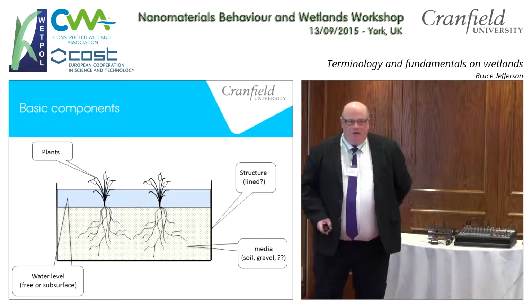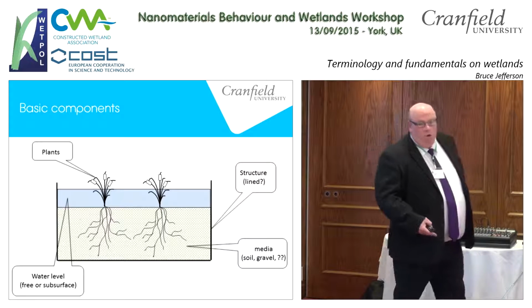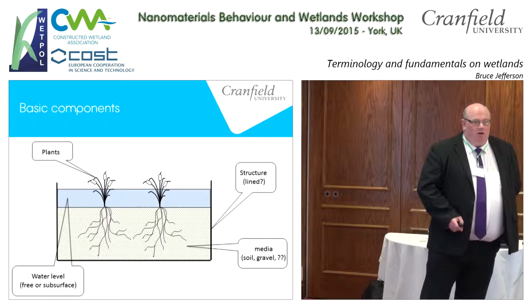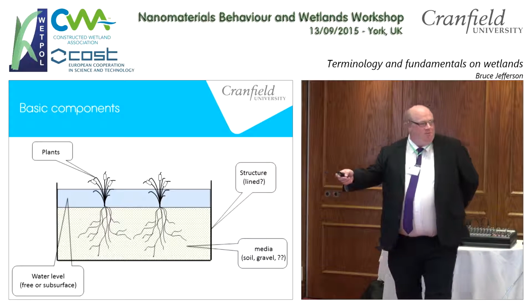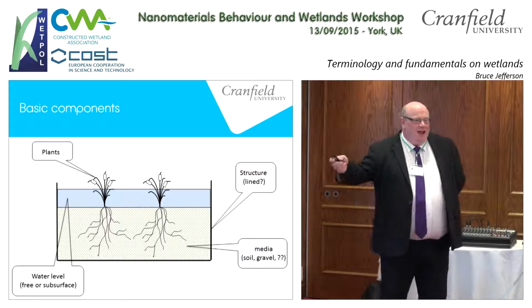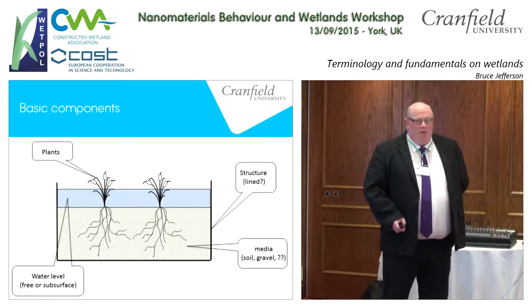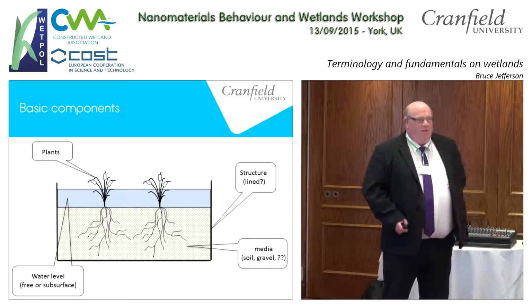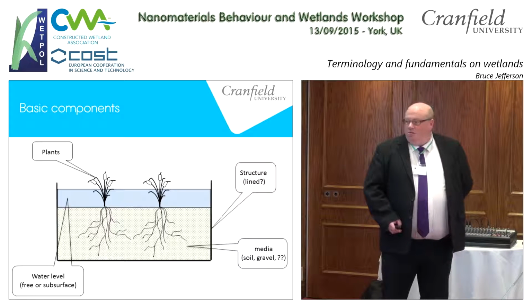It will then contain a solid phase and media, which will either be soil or gravel or sand or some form of particulate. I've of course got plants, a whole range of plants. Again, in our constructed systems we will have some control there, and we will put in specific plants with a belief that they have specific function. And obviously in natural systems it's whatever develops.